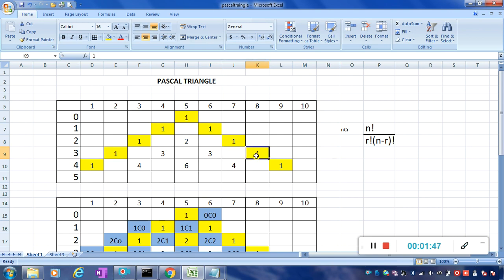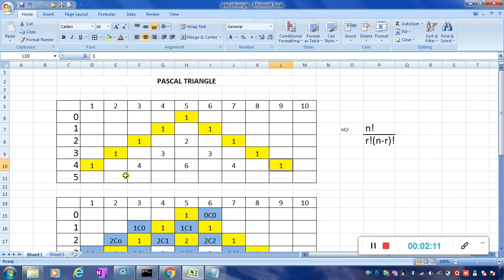So in Pascal triangle it starts with 1 and ends with 1, and the middle numbers are nothing but the addition of the two upper row numbers. So 2 and 1 gives 3, again 2 and 1 gives 3, a space and a 1. Here 3 and 1 is 4, 3 and 3 is 6, 3 and 1 is 4, and again a 1.